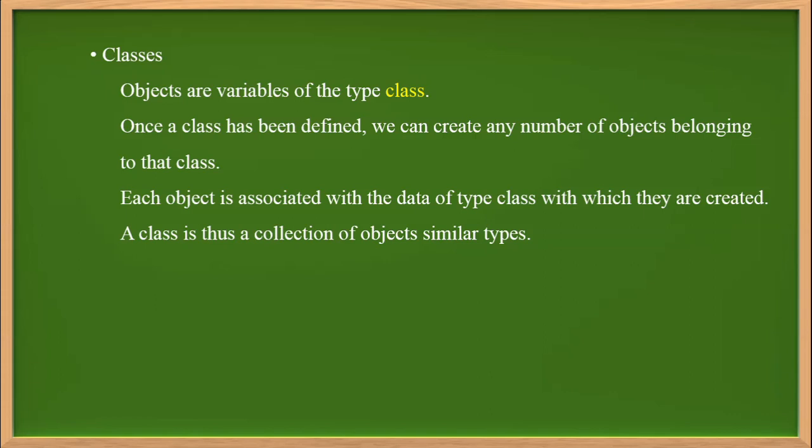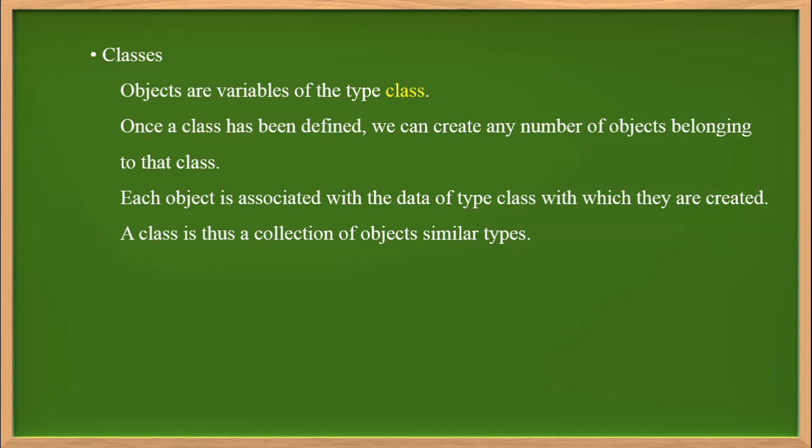Objects are variables of the type class. Once a class has been defined, we can create any number of objects belonging to that class. Each object is associated with the data of the type class with which it was created.